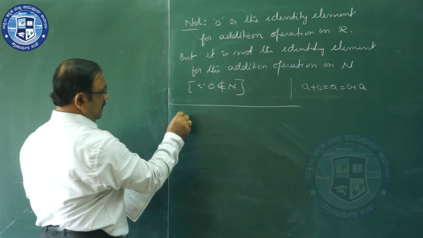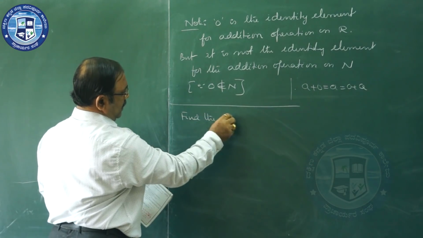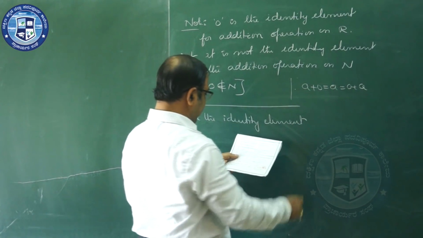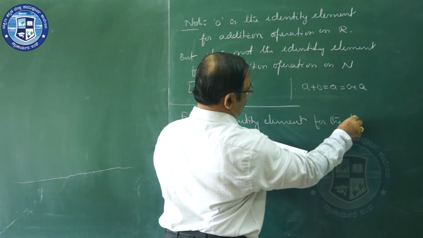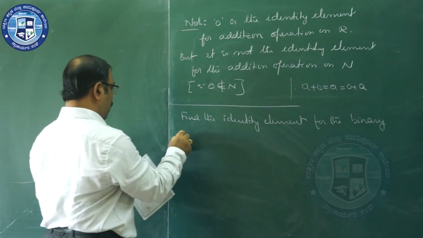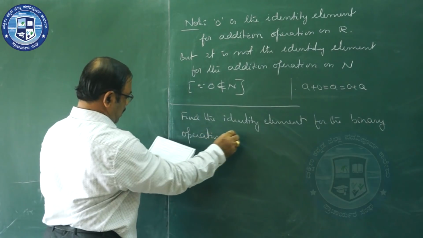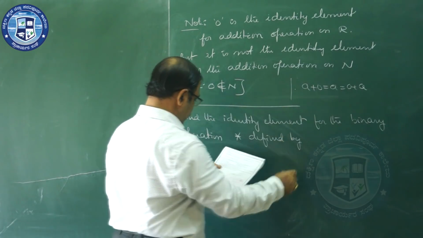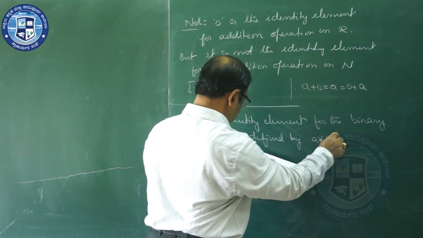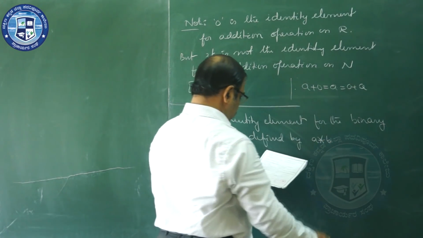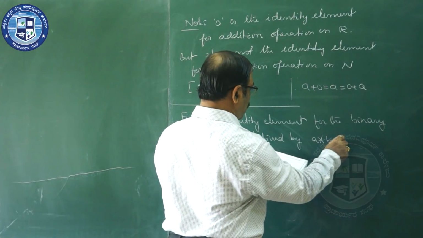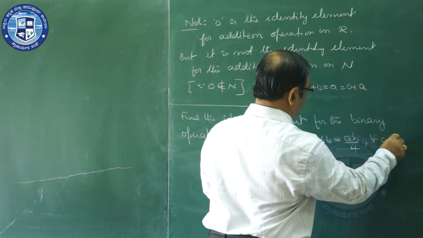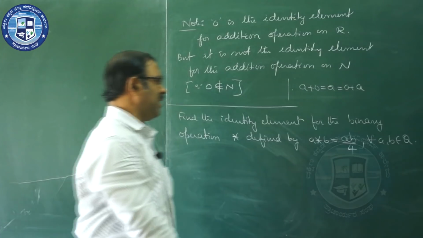Say, find the identity element for the binary operation star defined by A star B equal to AB by 4 for all A, B belonging to Q, the set of rationals.